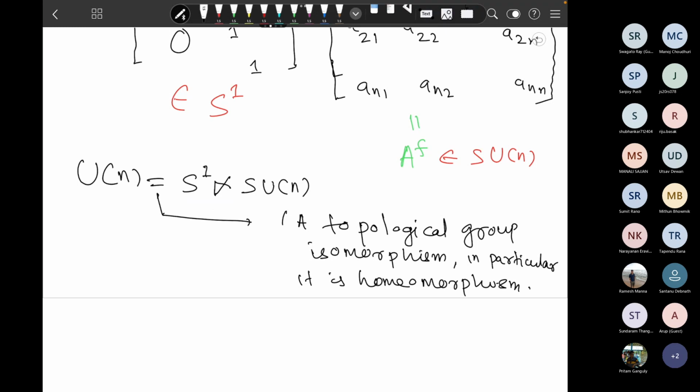This is an abstract result, but it has its own definition.